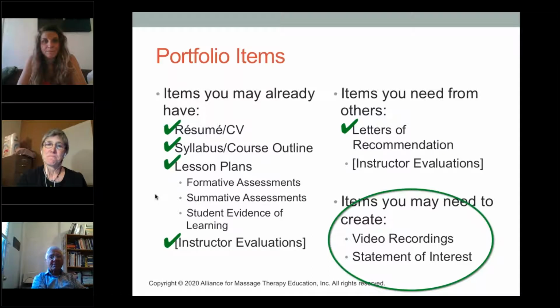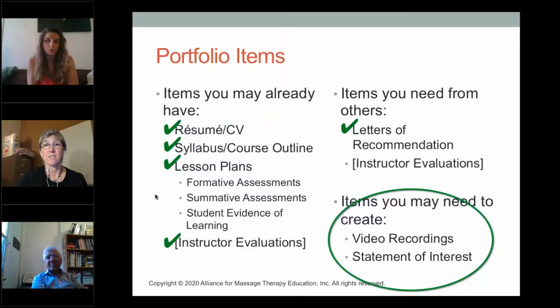And then we talked about letters of recommendation, who you might want to ask and what information you might want to provide to them in order to write a really effective letter of recommendation. It would be really beneficial if the person writing a letter for you understands the core competencies and what you are being evaluated against during the teacher certification process.